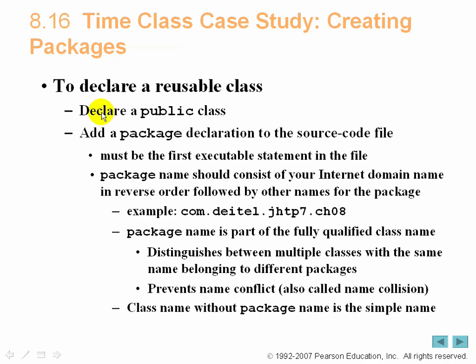The first step is that we have to declare a public class. So almost all of the classes we've defined so far have been public classes. In fact, there was only one example in which we happened to have two classes in the same file that we had one of those classes not be declared public.